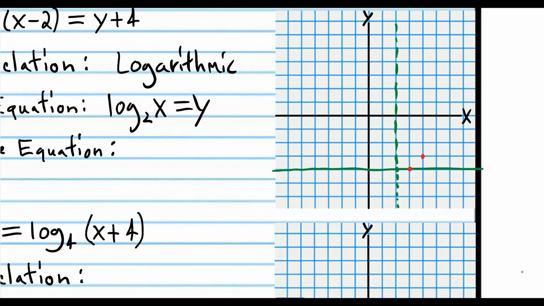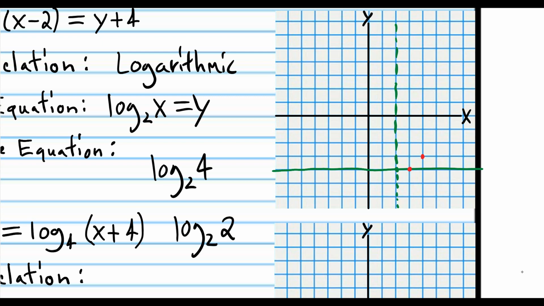Now, what is the next number we can plug in that we can change to base 2? Well, obviously we can't plug in 3. Can't change to base 2. But if we plug in 4, we can change 4 so that it's base 2. Don't you agree that 4 is the same thing as 2 to the second power? So what that means is the value of the logarithm is going to be 2.